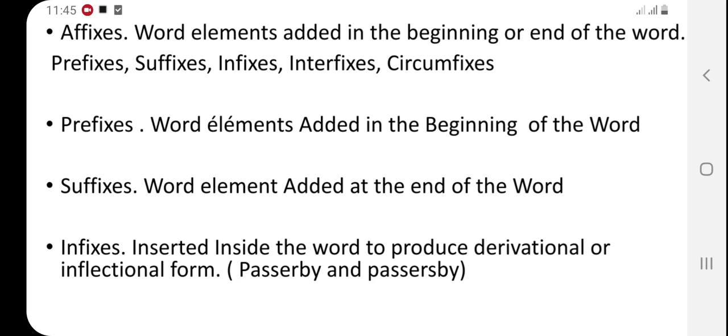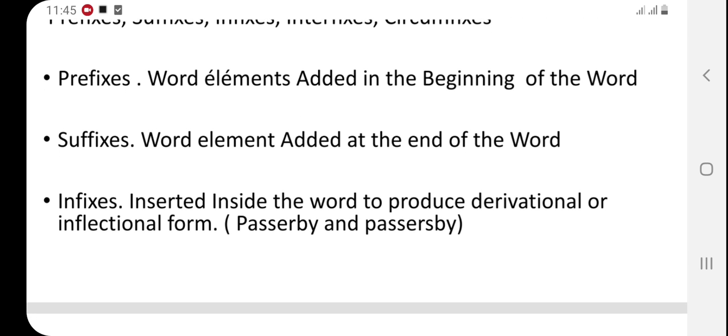Prefix is the word element attached in the beginning of a word, and suffix is attached at the end of the word. And infixes are inserted inside the word to produce a derivation or inflection morpheme. Infixes mean an addition of a bound morpheme inside the word, not in the beginning, not at the end, but within the word.